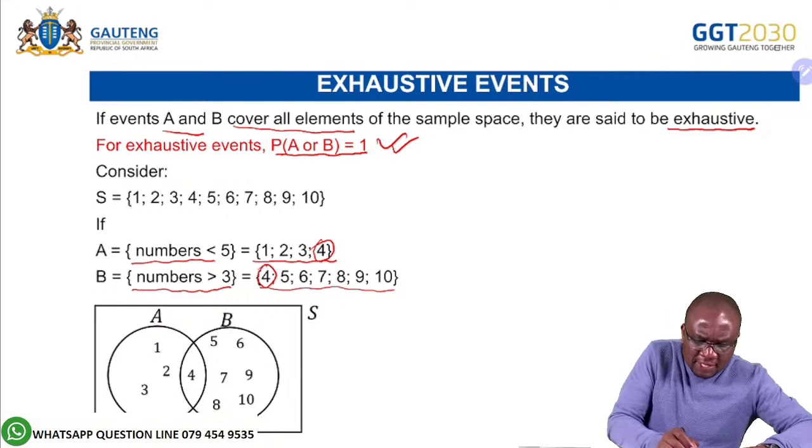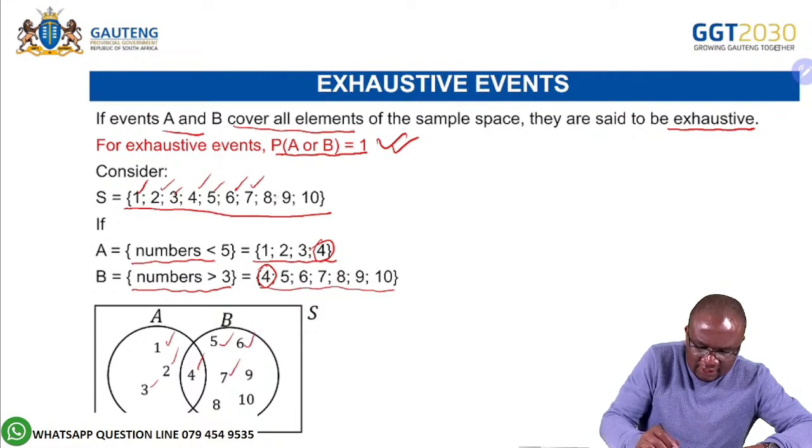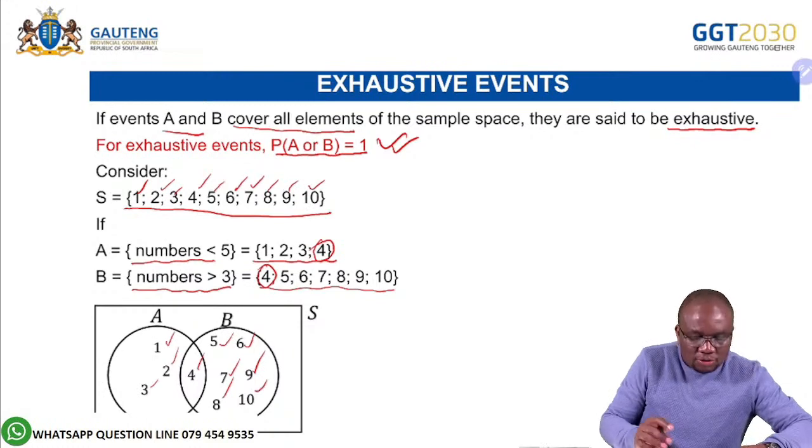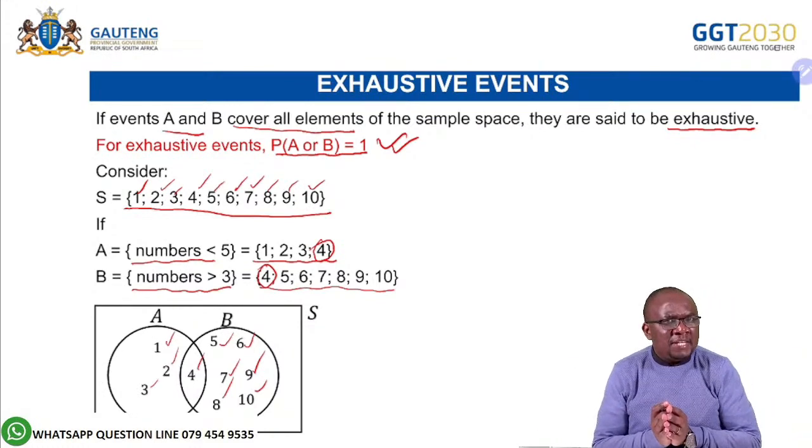Let's check the sample space. 1 is there. 2 is there. 3 is there. 4 is there. 5 is there. 6 is there. 7 is there. 8 is there. 9, 10. So these two events have taken everything from the sample space.